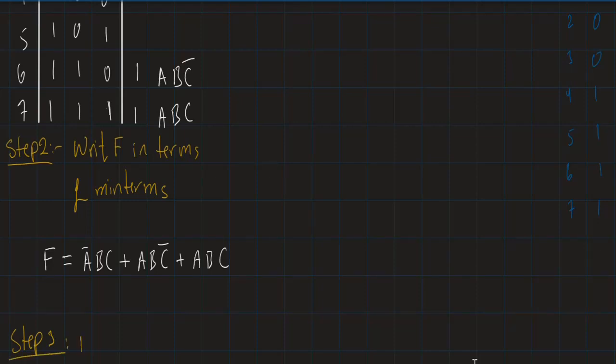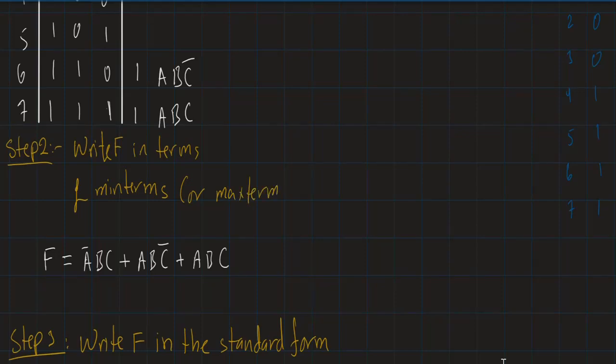You want to write f now in the standard form. Okay, you can also write it in terms of max terms, but we did not take this in class yet, so I'm not going to explain this one.